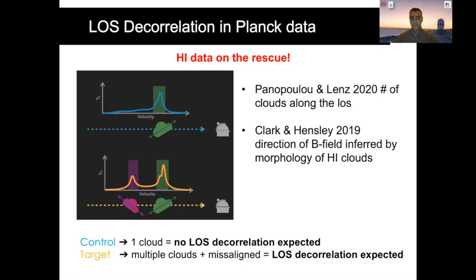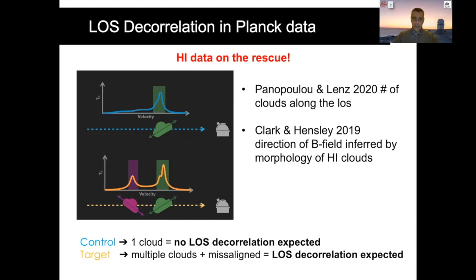starlight polarization. Clark and Hensley in 2019 inferred the direction of the magnetic field indirectly from the morphology of these HI cloud structures, and they defined a 3D map of the Stokes parameters of linear polarization.